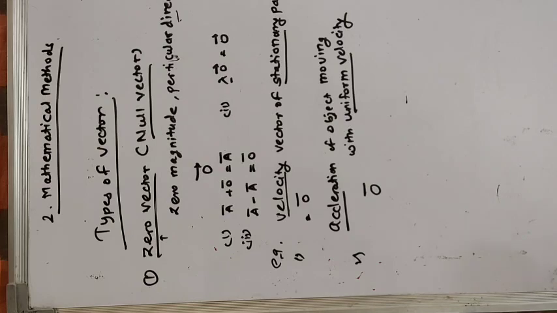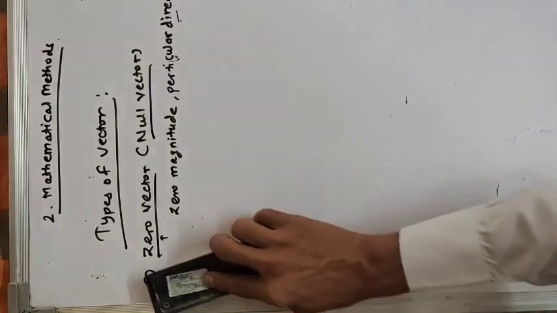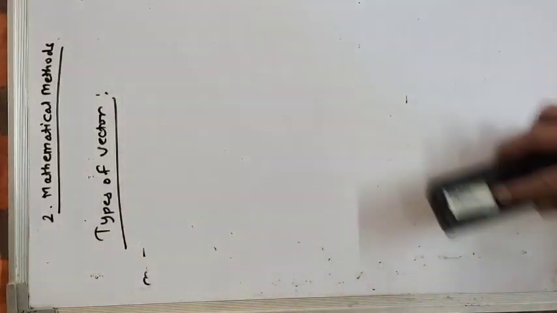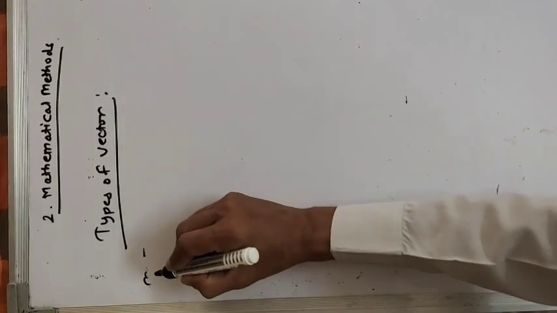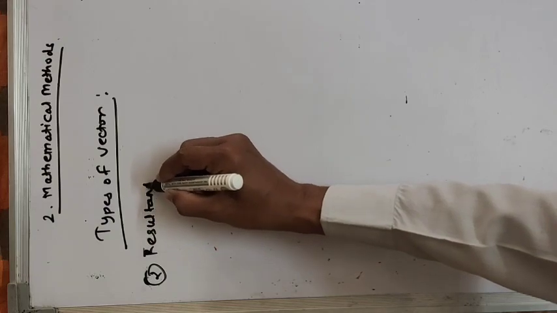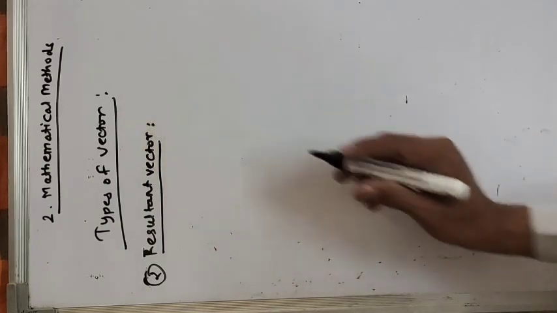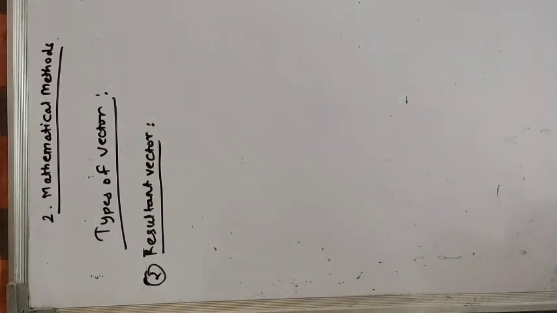Now we are going to the next definition, the second type: the resultant vector. We have to find the resultant of two or more vectors, and the resultant of two or more vectors is a single vector.